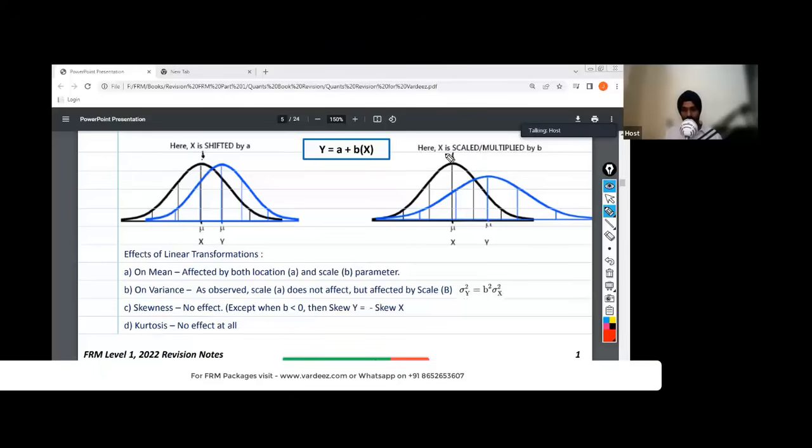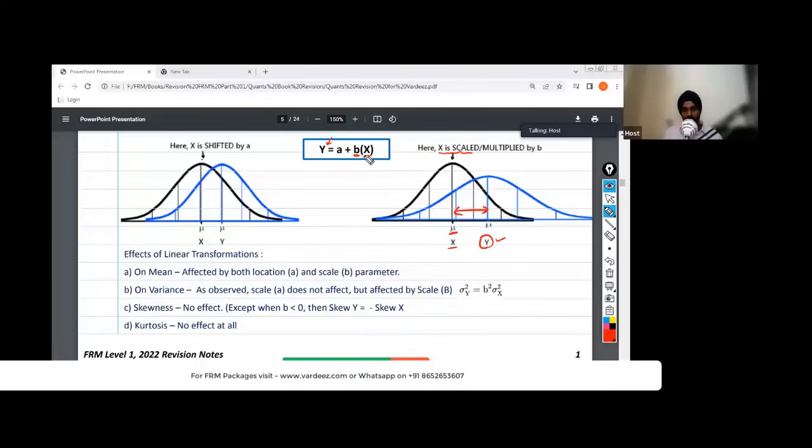Now, if I scale x, if I multiply this b to x, what is the effect on y? Let's see that. This is my original distribution and this is my x random variable. Now let's see the effect on y. As you can see, this was my mean, and now my mean is almost doubled.